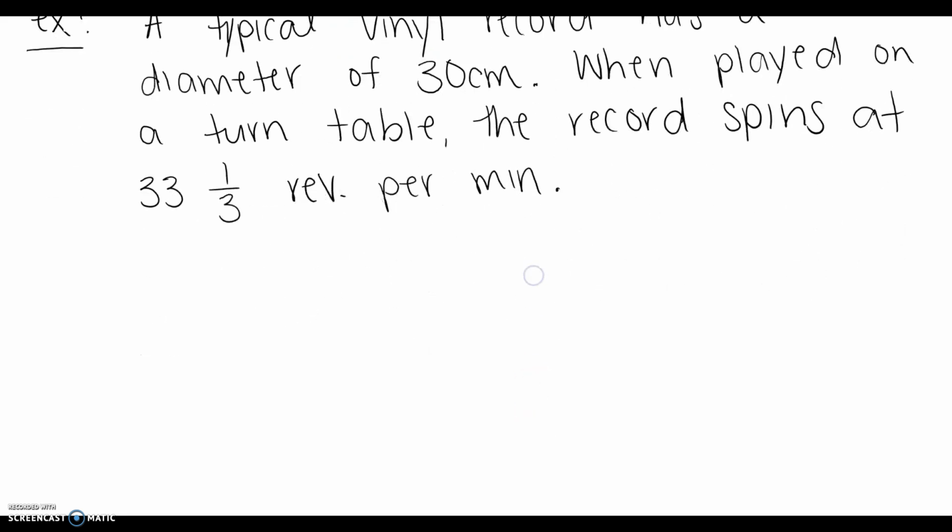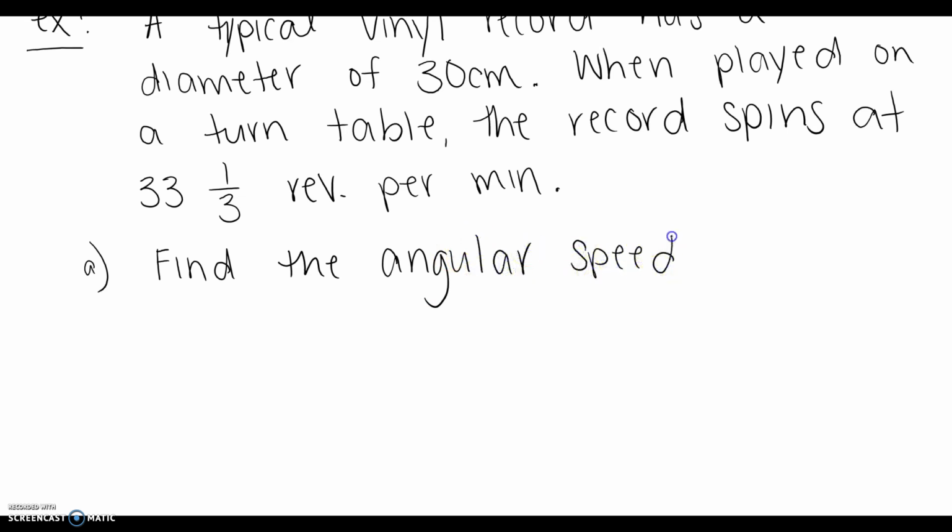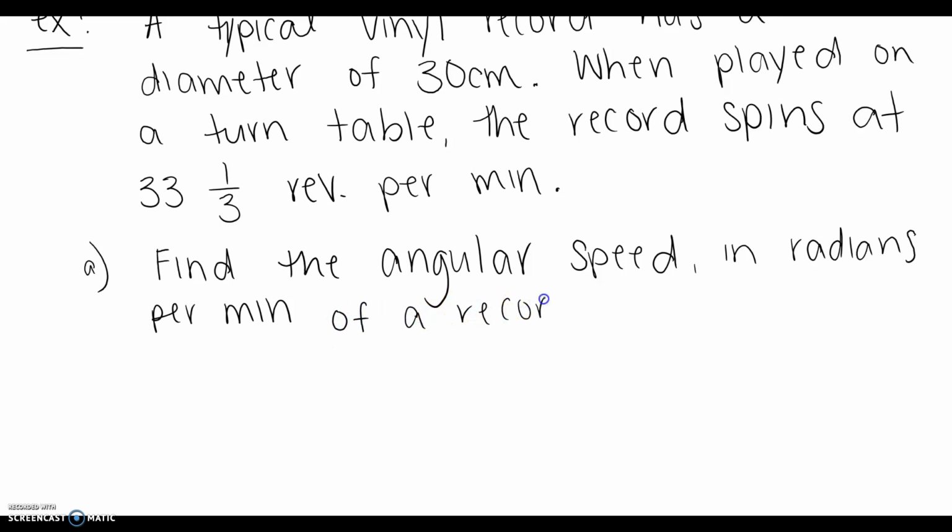For part A, we are going to determine the angular speed in radians per minute. Find the angular speed in radians per minute of a record as it plays, and let's round to the nearest tenth.